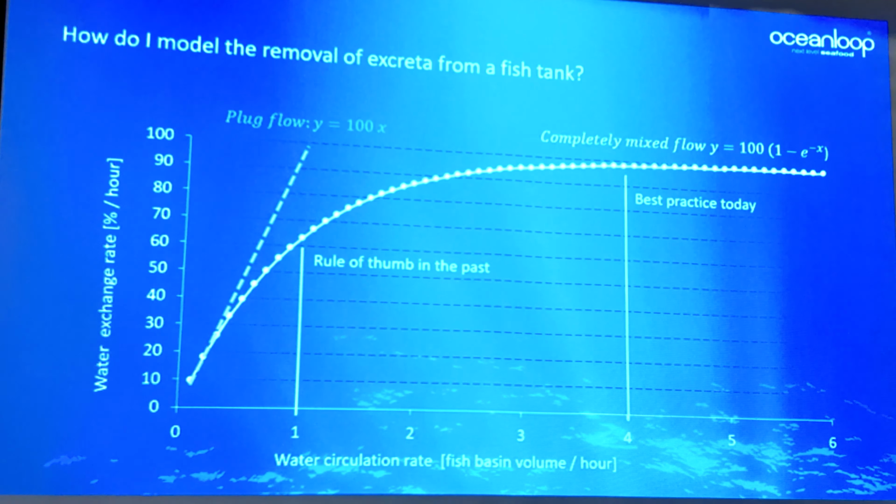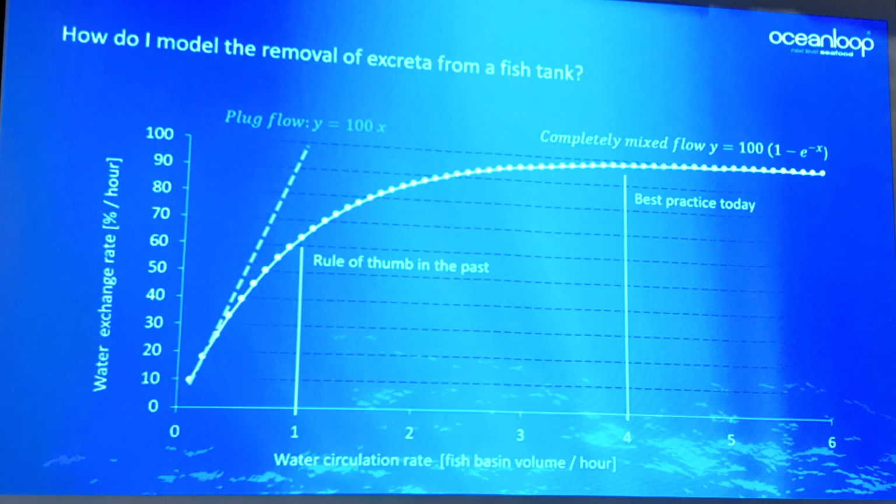This is a different mathematics behind, and you see that there's a rule of thumb of a water circulation rate of 1 per hour, which was enough in the past, but this assumes a plug flow model, and this is not true for many tank designs. In a completely mixed system, it's probably the other side.